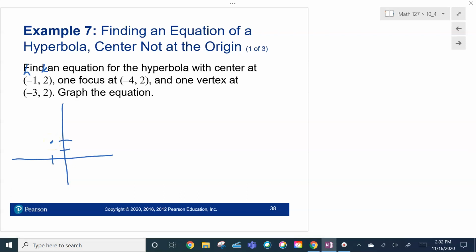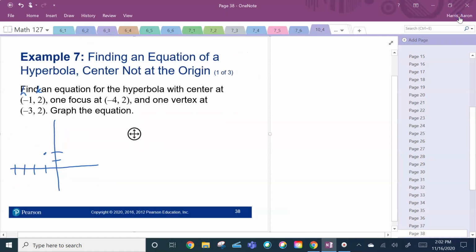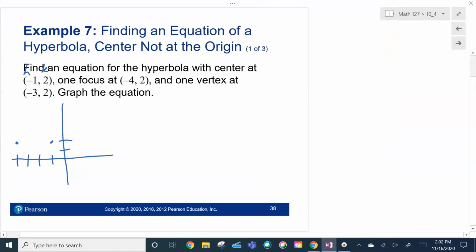One focus at negative 4, 2. One vertex at negative 3, 2. So there's our vertex, there's our focus, there's our center.